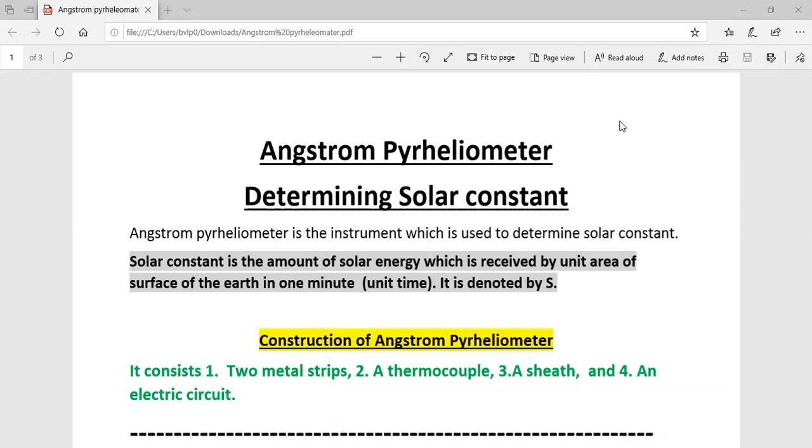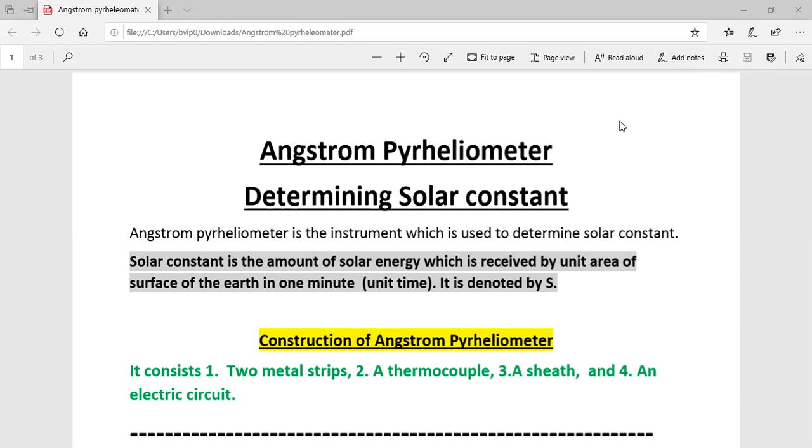So the solar energy received by the earth, by unit surface area. If you calculate in the SI system, by 1 square meter area of the earth, in 1 minute.